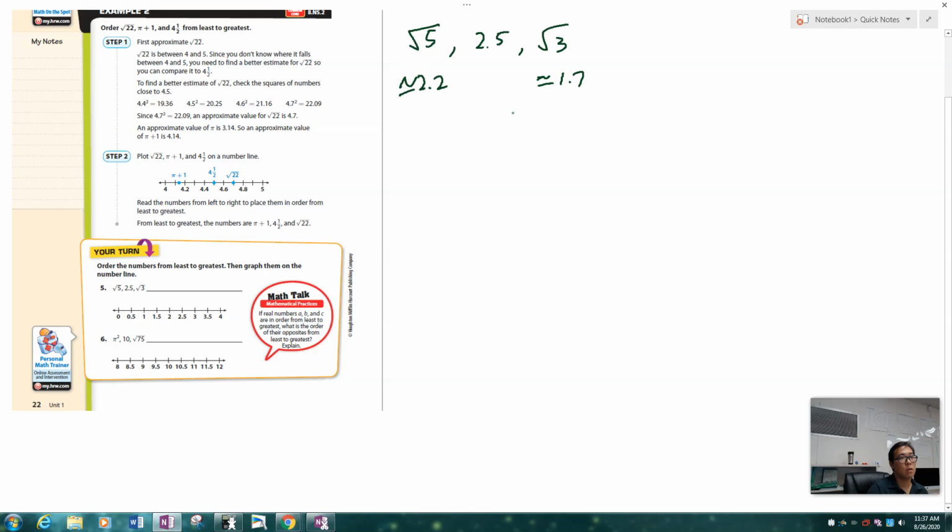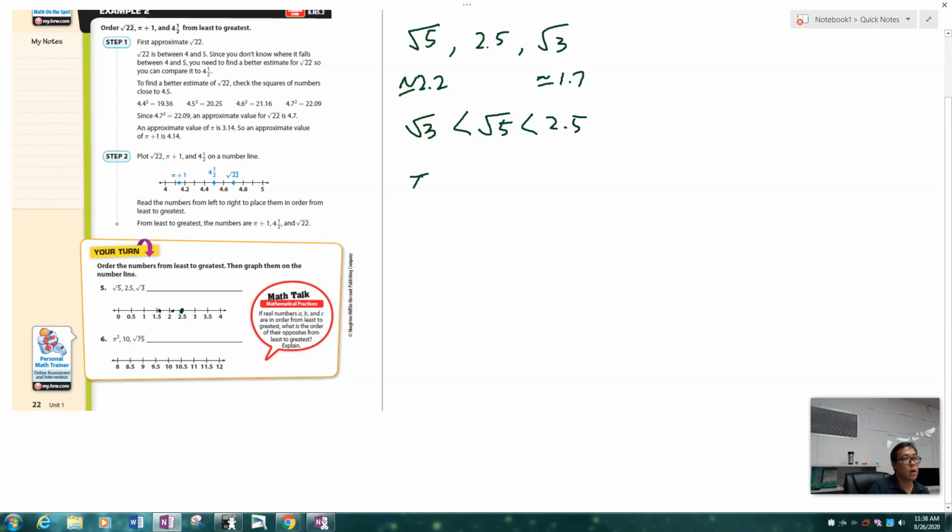So if I write it, square root of 3 is smallest, second smallest is square root of 5, and then we have 2.5. So let's mark it. 2.5, and the other one is 1.7. So 1.7 should be somewhere on here, and 2.2 is somewhere on here. So three numbers. Moving on.